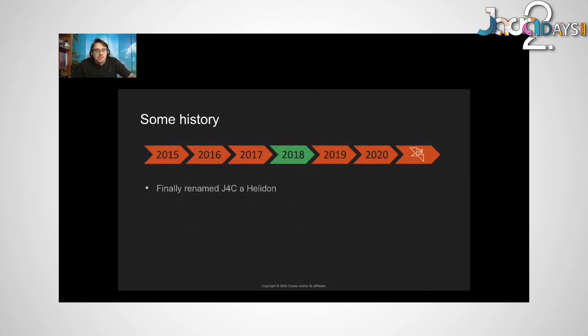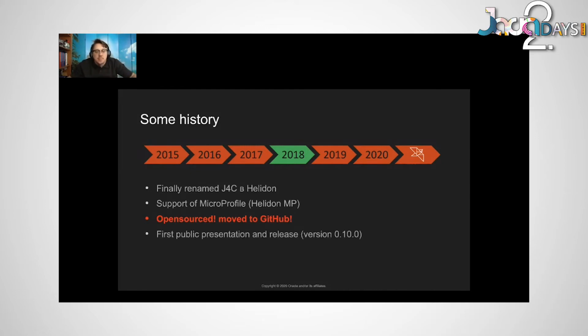Finally renamed to Helidon, as we use now. It started supporting Microprofile, and in 2018 it was open sourced and moved to GitHub.